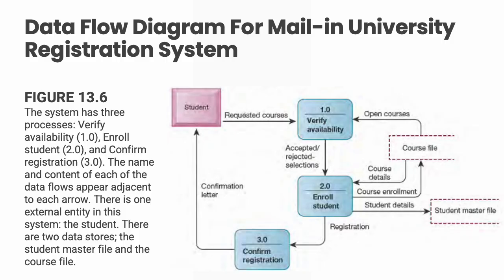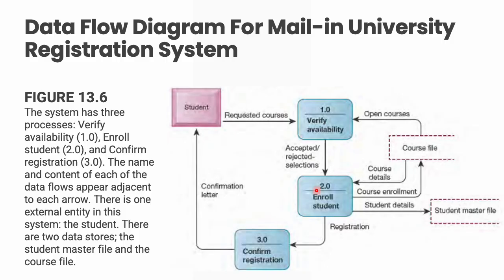Okay, so let's talk about this. The system, first things first, has to verify availability. The system has to check if the courses you want are actually available. And then the next one is to enroll the student. If the class is open, the system then officially enrolls you in it.